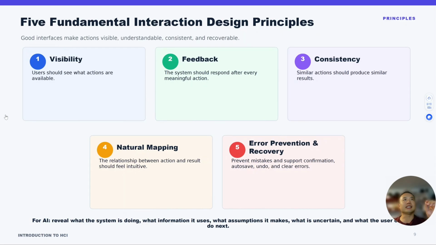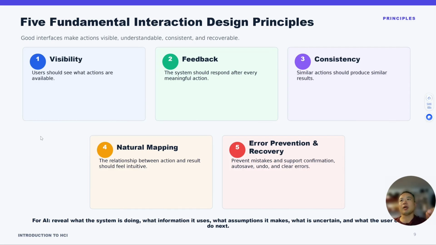Third one, consistency. Similar actions should produce similar results. So if the system has similar tasks or similar actions, you have to use a similar design for the buttons and the checkboxes on every page. The same gesture should not lead to different actions, and buttons should not have different appearances.